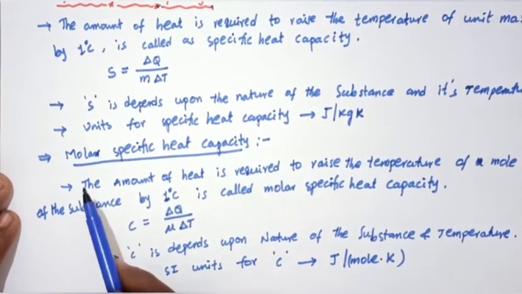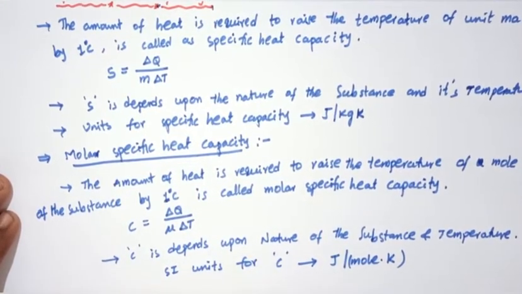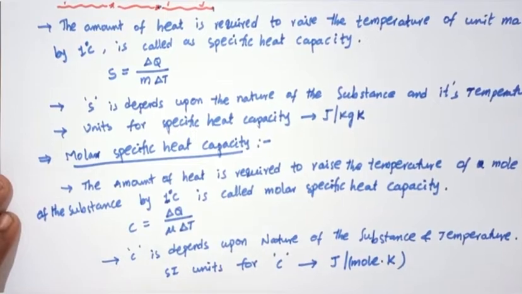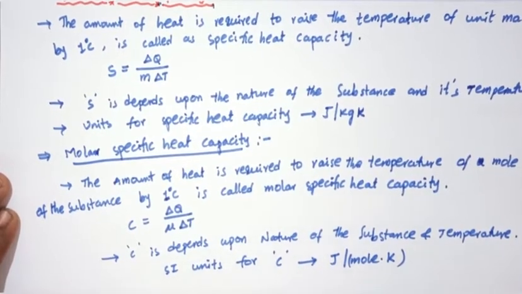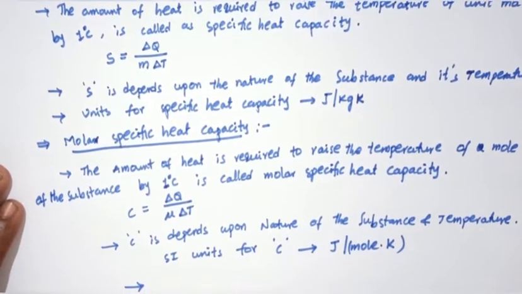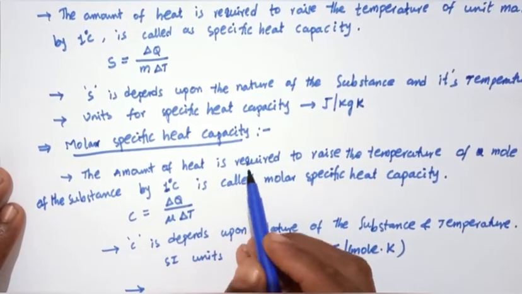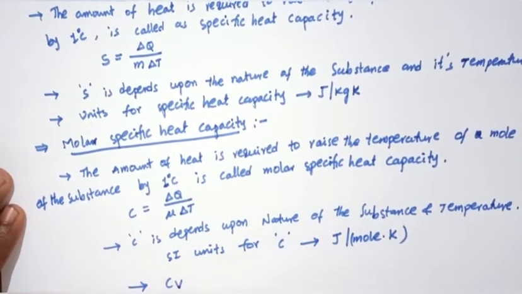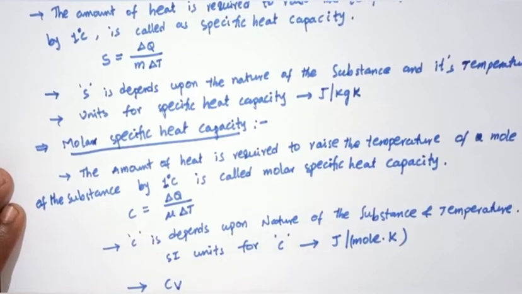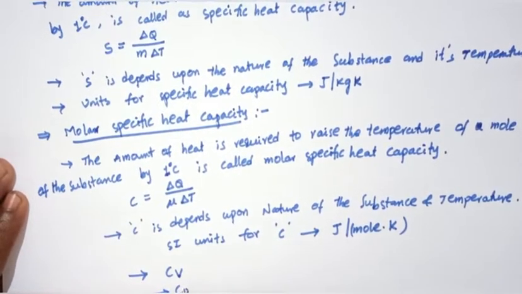We can discuss the molar specific heat capacity for gases. It is of two types: at constant volume and at constant pressure. The molar specific heat capacity at constant volume is denoted as Cv, and at constant pressure as Cp.